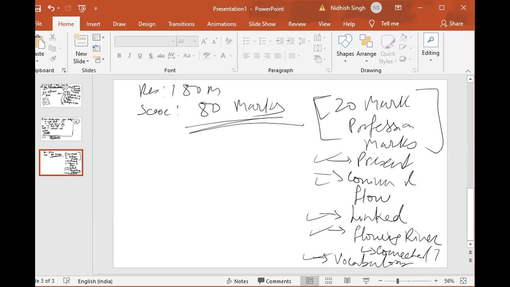That's why I say that when you're trying to achieve these 80 marks, the 20 marks will not be on the basis of content, it will be on the basis of how you write each and every point. So really, the 180 minutes are there to achieve only 80 marks, because 20 is just on your presentation and writing skill.